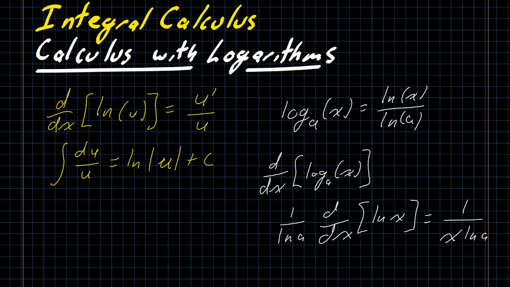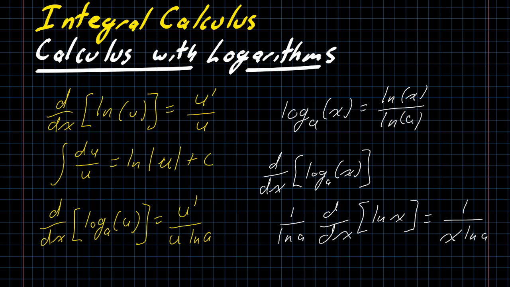In general, that's 1 over natural log of a times 1 over x, but we usually write it as 1 over x times natural log of a. I will rewrite that in yellow so that it becomes part of our list.